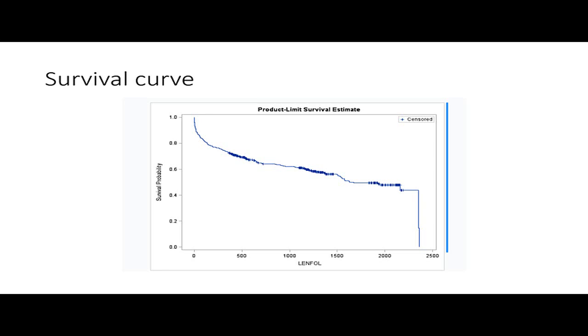So the probability that you are going to survive beyond time 0 is 100%. That's probability of 1, and then slowly as people die with time, the survival probability decreases with time. If you continue doing that for an infinite period of time, the survival function will go down to 0. It will touch the x-axis.